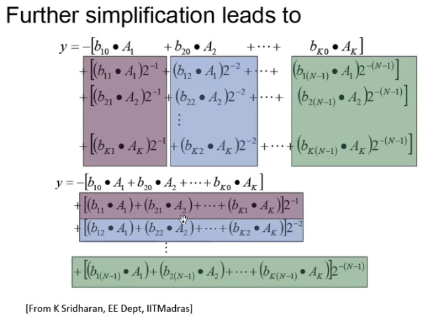Now you'll ask, okay, so what is being achieved here? What you're doing here is, see, a1, a2 till aK are coefficients for the filter. You know what those coefficients are.